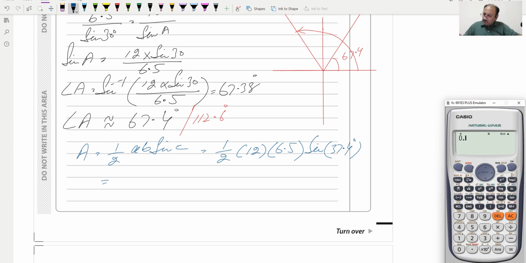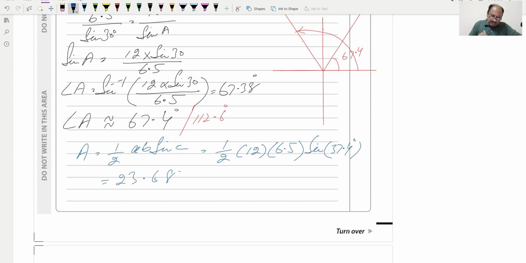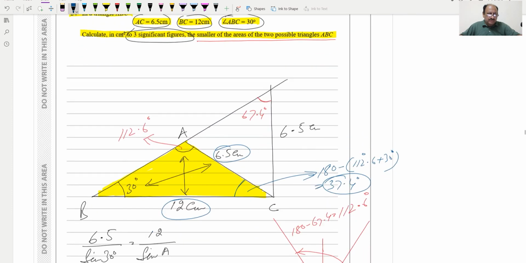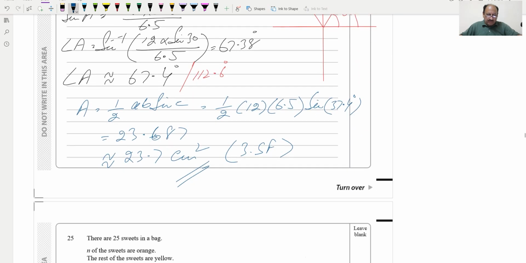So we can take 0.5, then 12, then 6.5 into sine of 37.4 degrees, and this is equal to 23.687, which we can round to 23.7 centimeters square. This will be up to 3 significant figures, and this will be our final answer for this question.